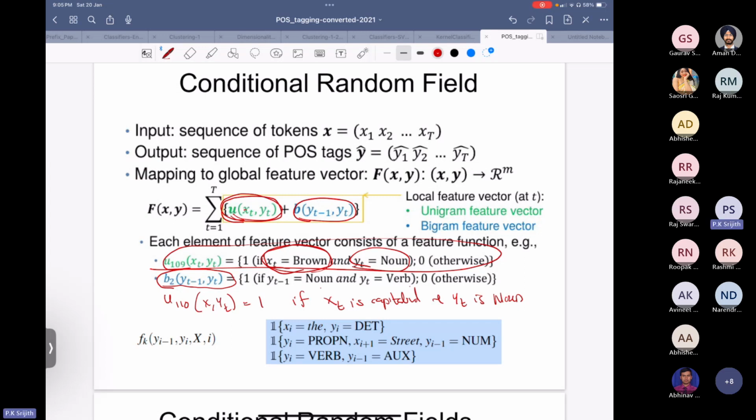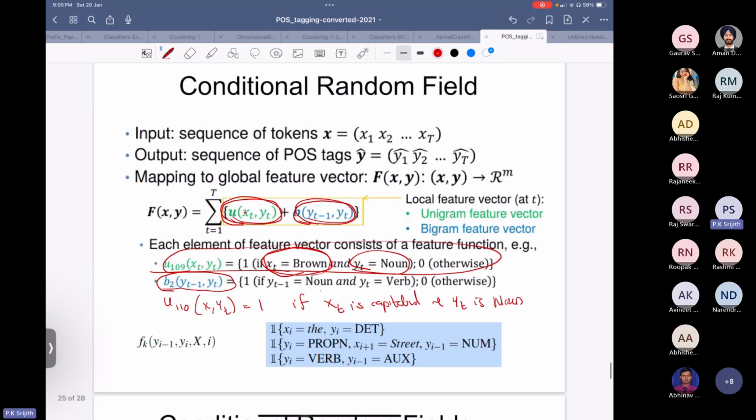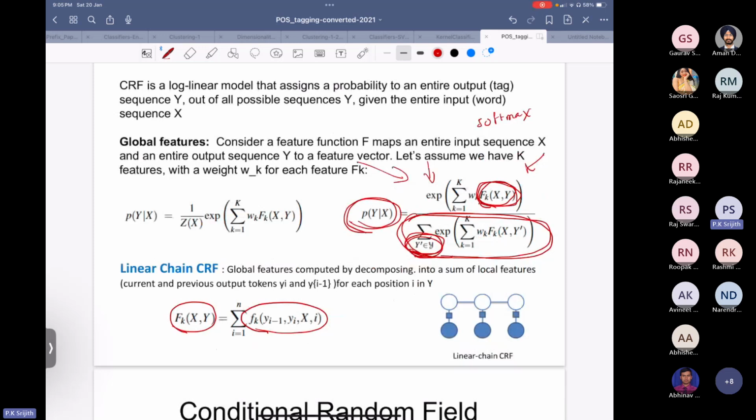So these are examples of some of the features. Once you form all these features out of all your pairs of consecutive labels that you are considering, you can consider this kind of model similar to logistic regression, where you learn these weight coefficients, and once you have these weight coefficients, you can make predictions by considering this softmax kind of probability.